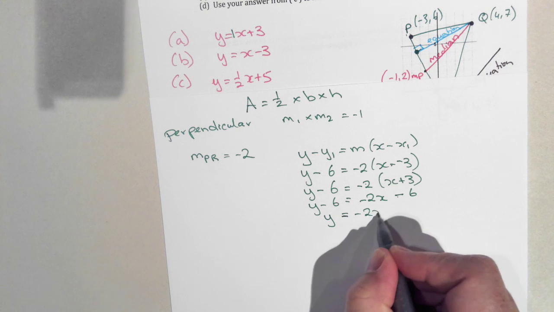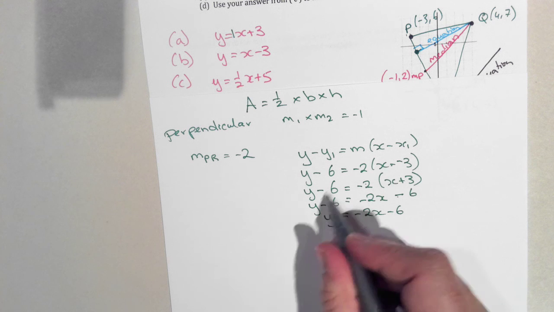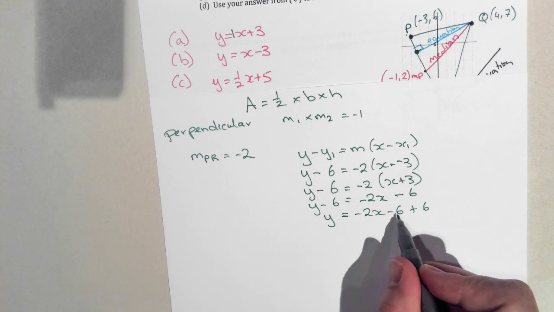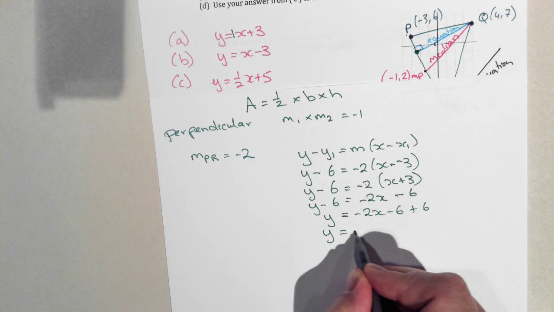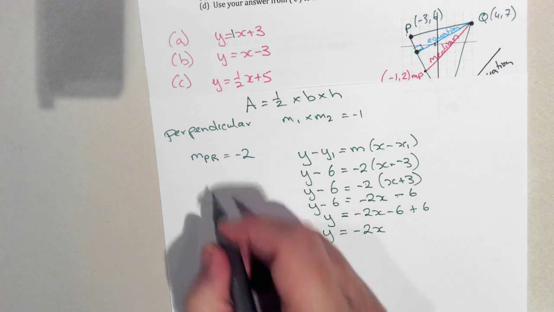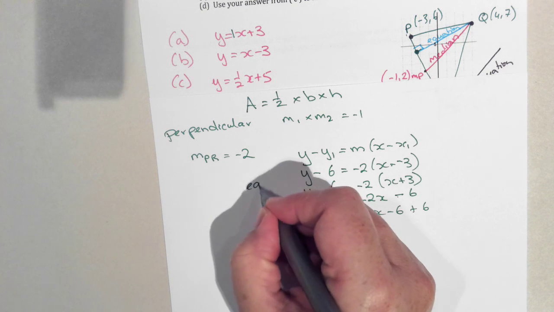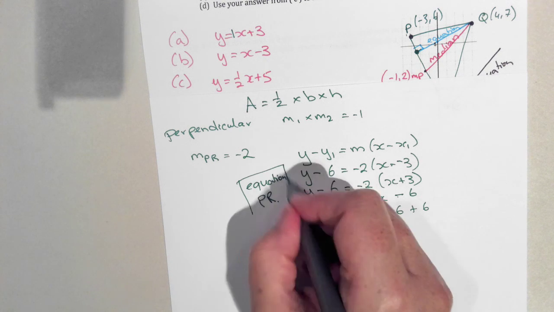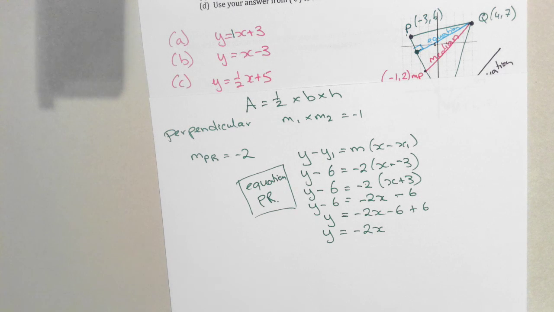So y is equal to -2x take away 6 plus 6. Those two will cancel out, positive 6, -6. That leaves me with the equation y equals -2x. So this is the equation for PR. That's what we've just found, the equation of the line PR.